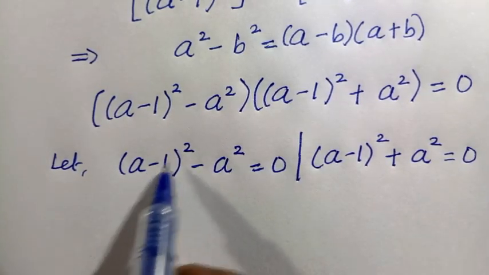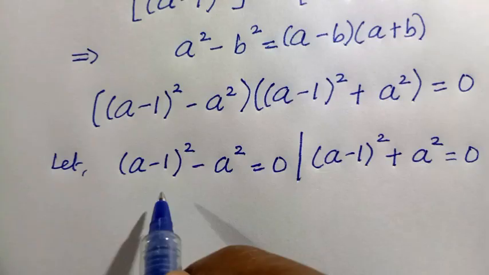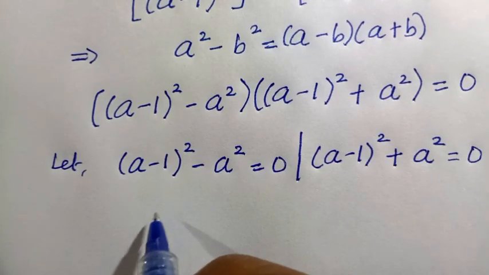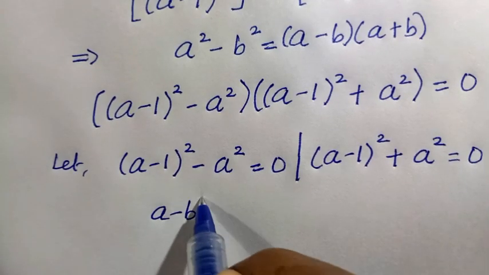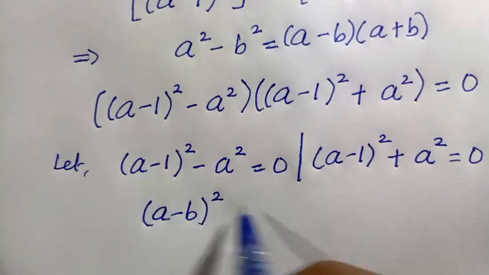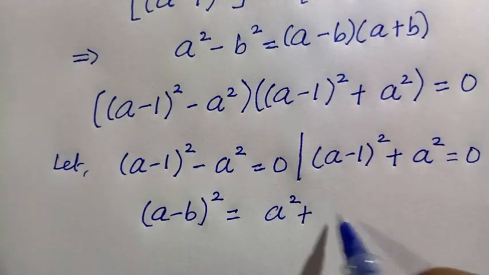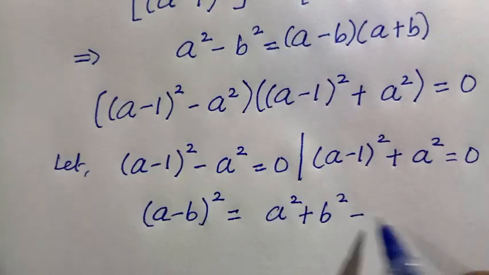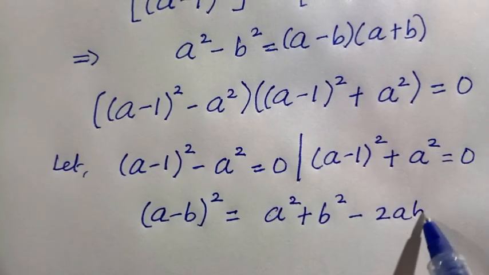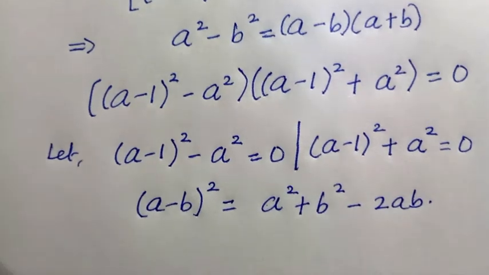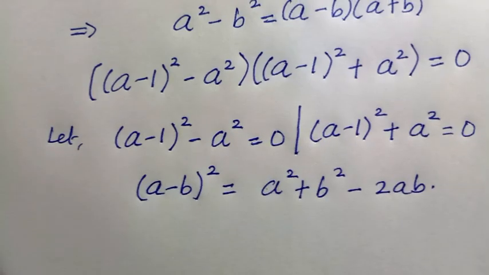Let's say we expand (a minus 1) to the power of 2, and this follows when we have (a minus b) raised to the power of 2, which equals a squared plus b squared minus 2ab. That is the identity we are going to apply from here.